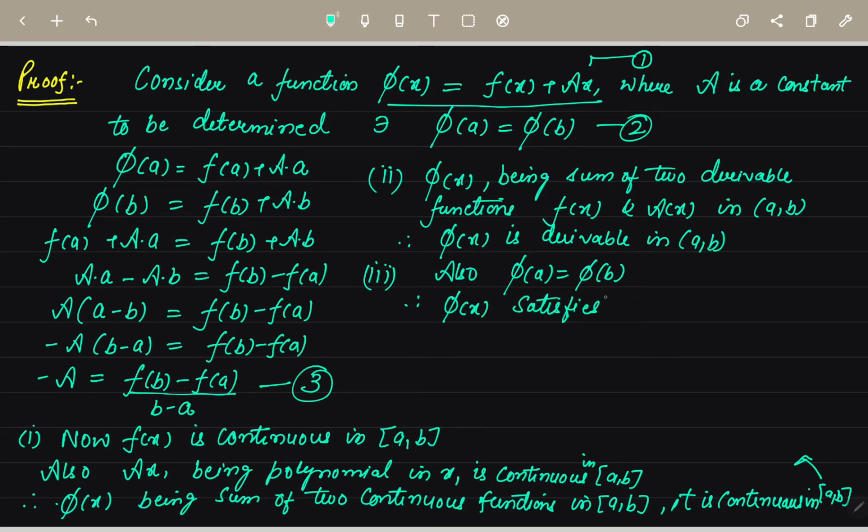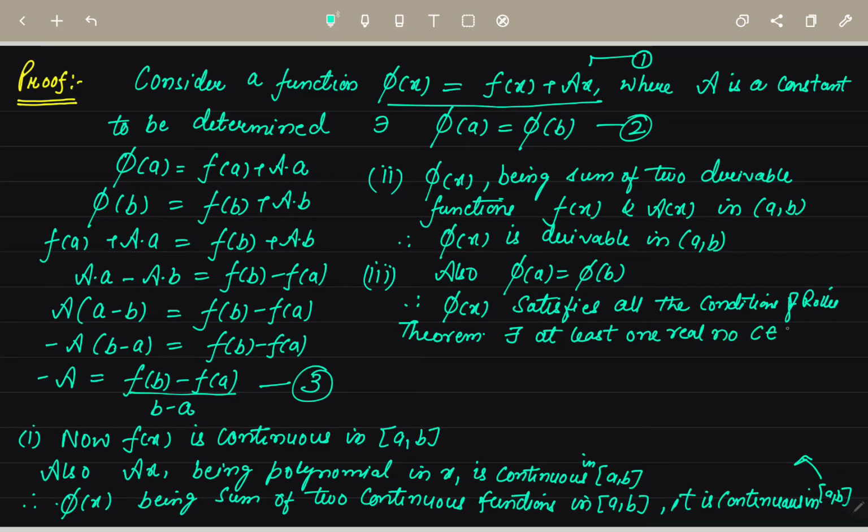So then there exists at least one real number c which belongs to this open interval AB, such that phi dash c should be equal to 0.